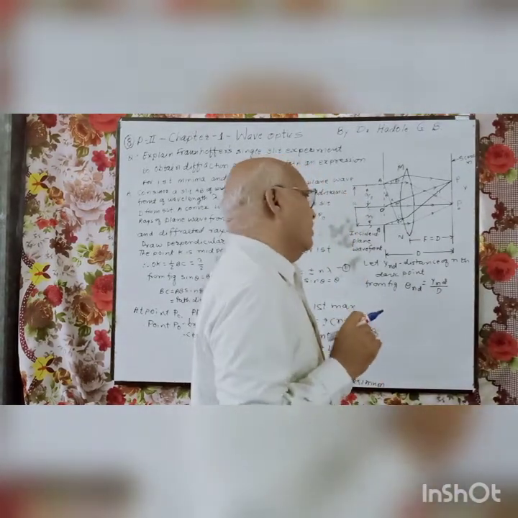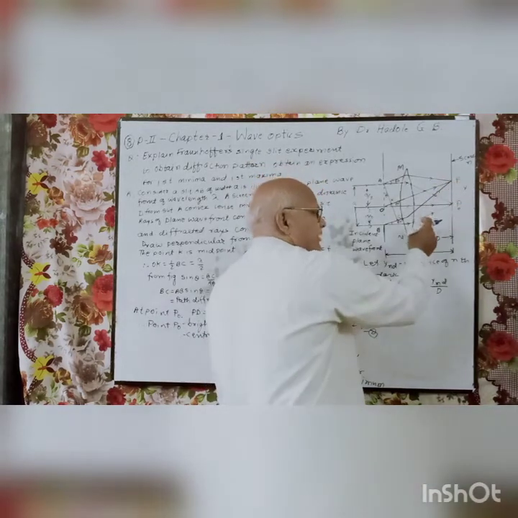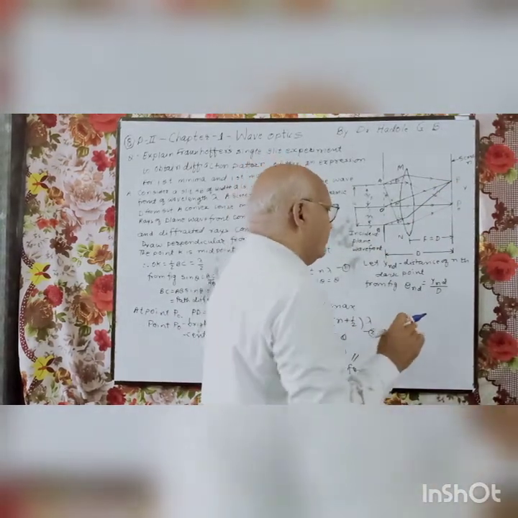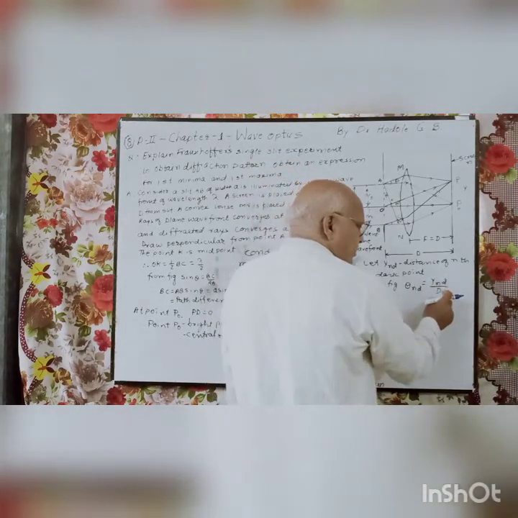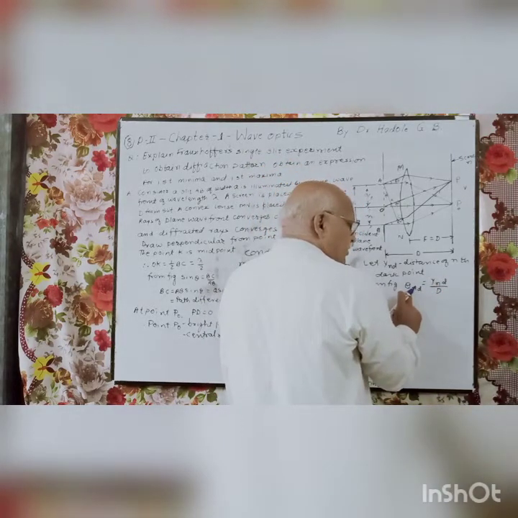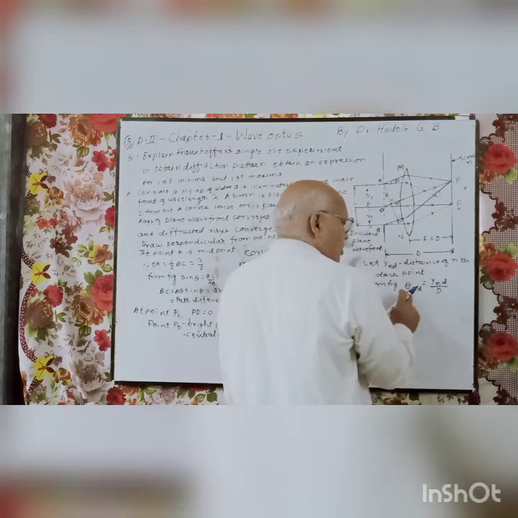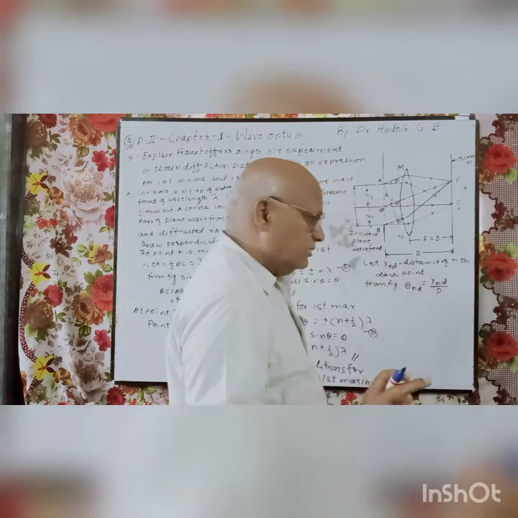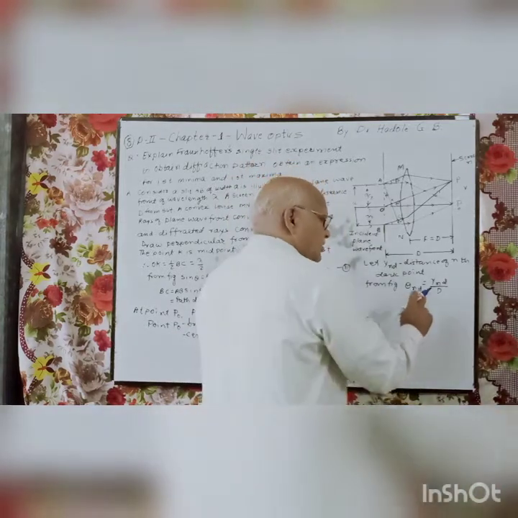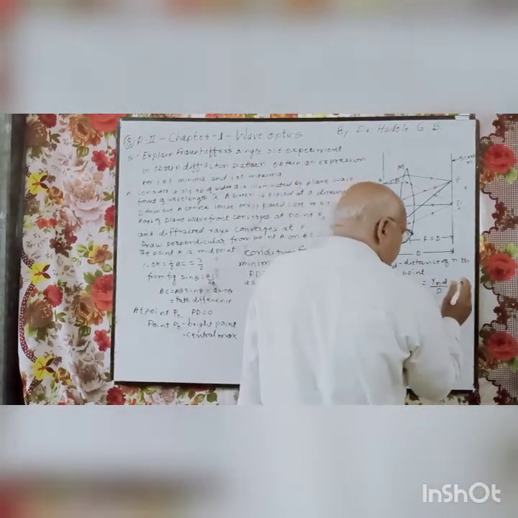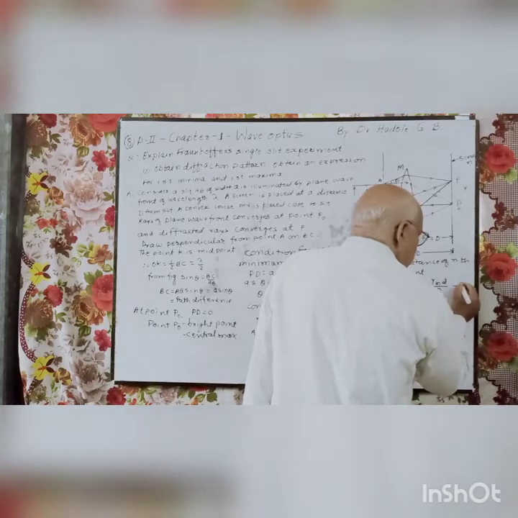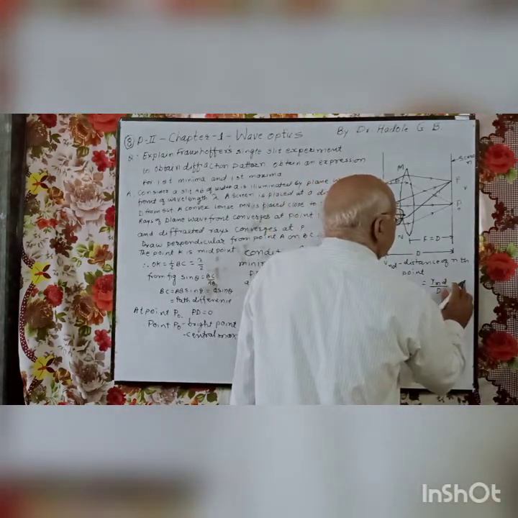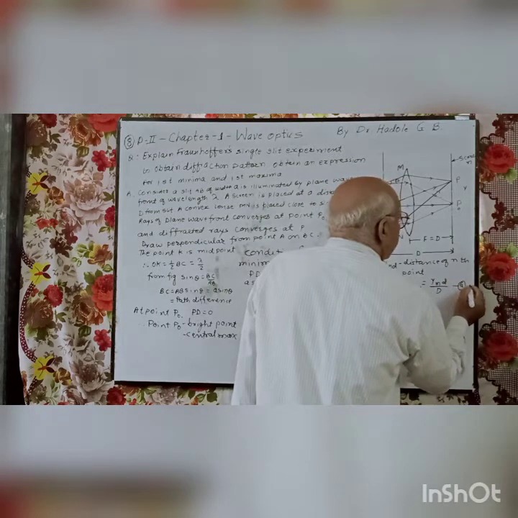Tan theta_nd equals y_nd upon capital D. Now as theta is very small, tan theta_nd equals theta_nd, that is equal to y_nd upon D. Suppose this is equation A.